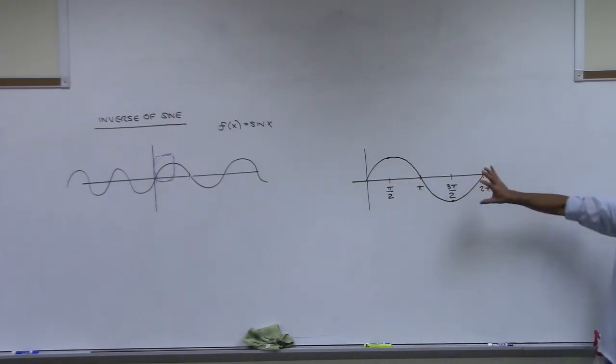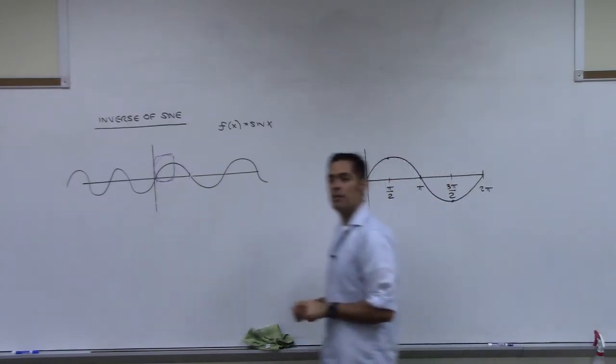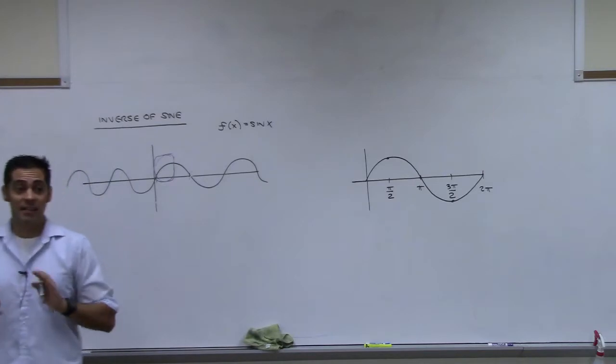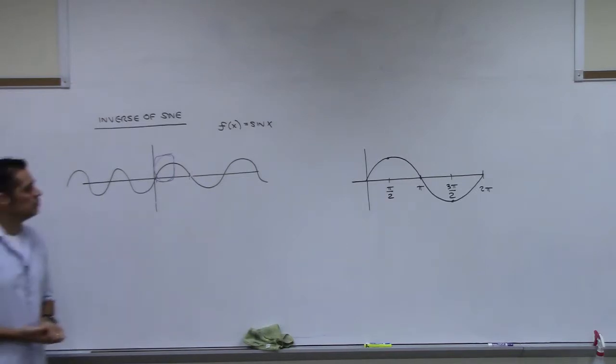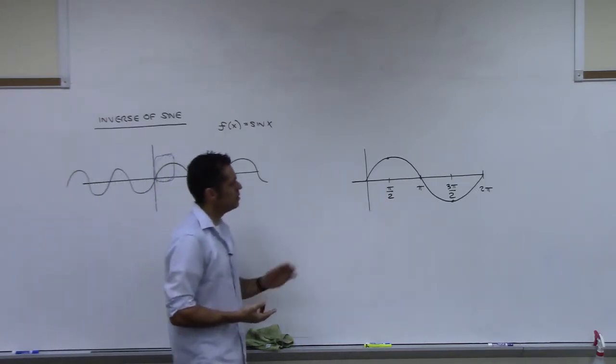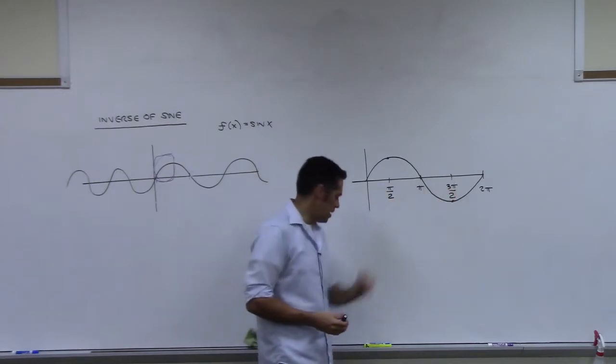So if I graphed this up here and I asked you to try and cut this thing up so that you could get the entire range in there, where would you cut it from? From pi over 2 to 3 pi over 2? Let's see. I'm going to highlight that.